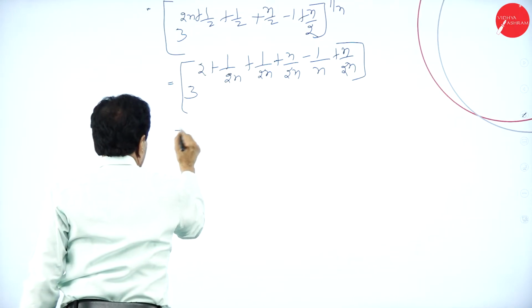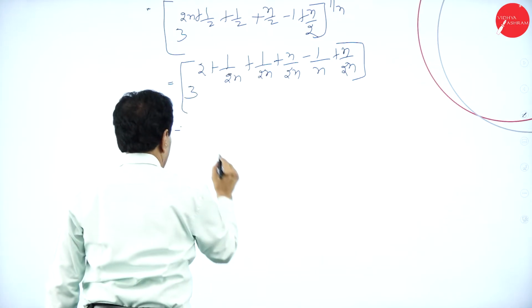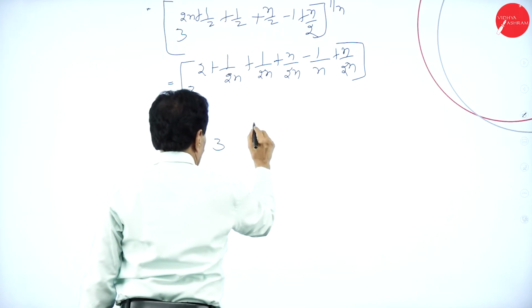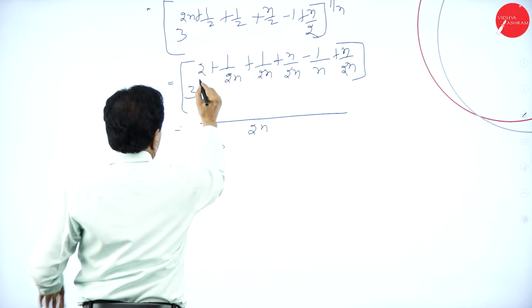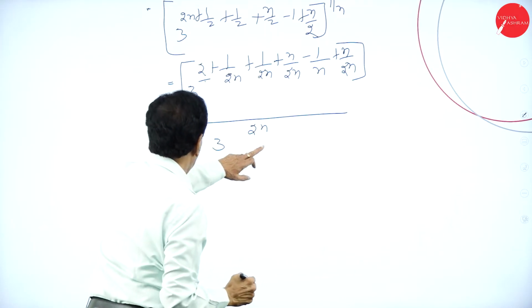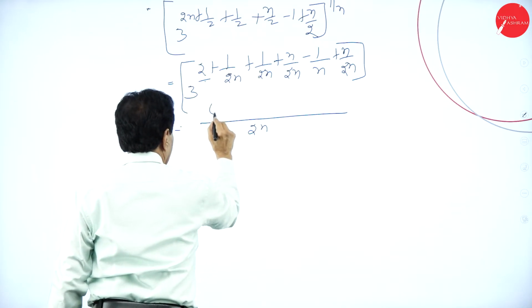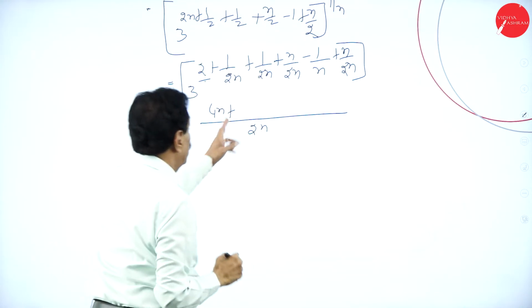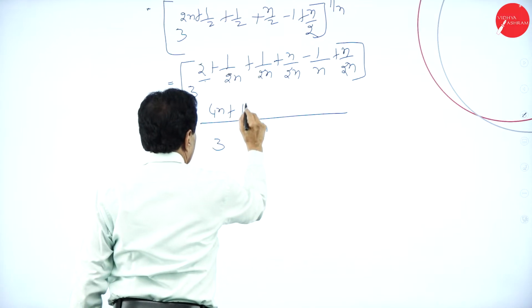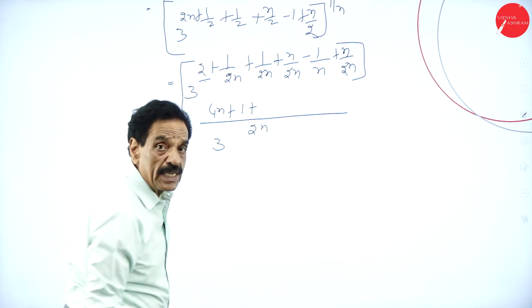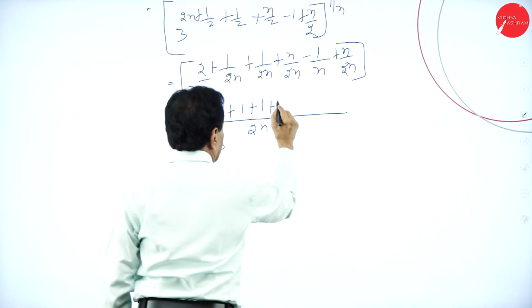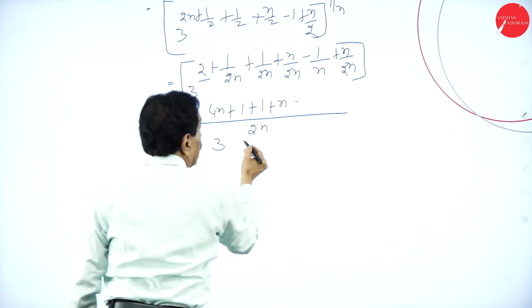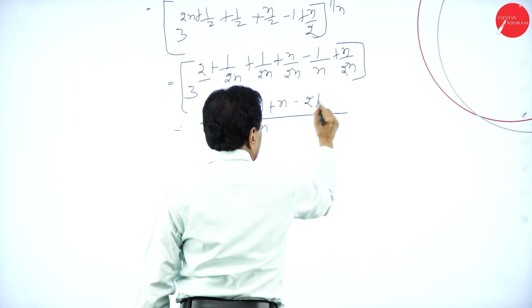Make the simplification. Here, 3 to the power of 2n is common. So this is 1. 1 2's are 2n into 2, 4n. 2n cancelled out 1. 2n cancelled out n. n cancelled out minus 2.